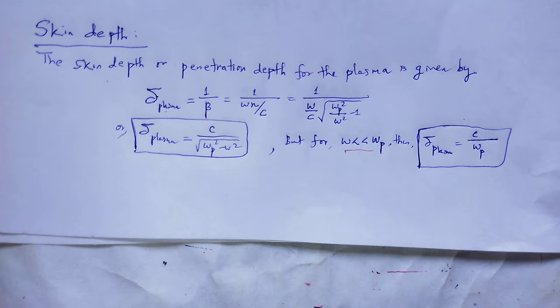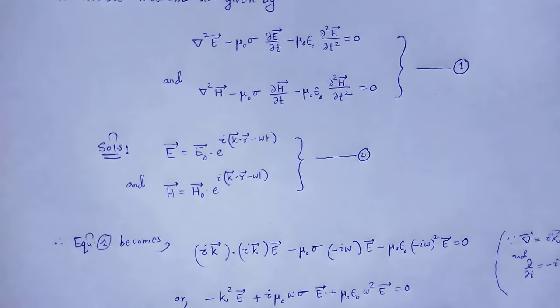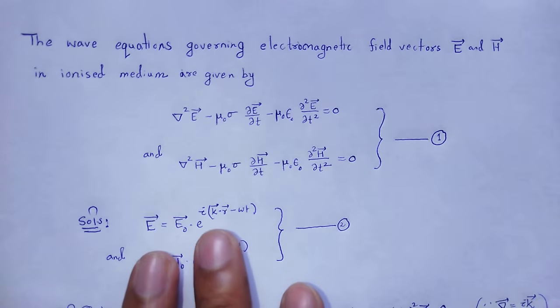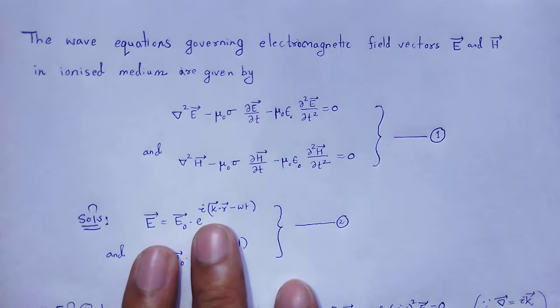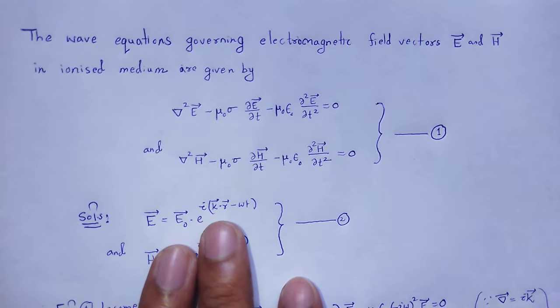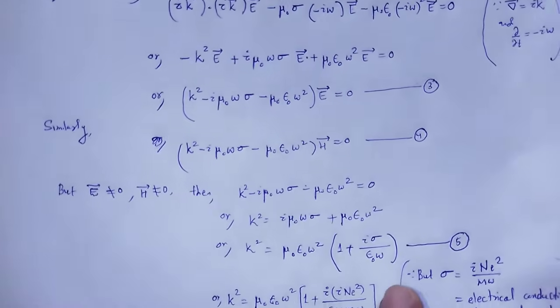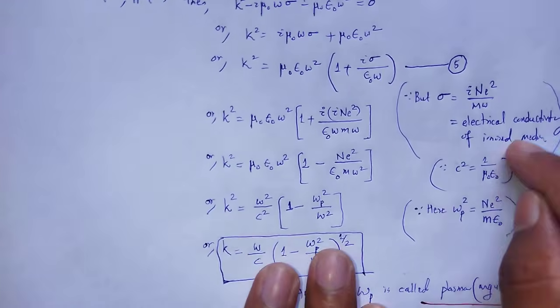So with the help of this video lecture, we understood the concept of an electromagnetic wave propagating through an ionized gas or plasma medium, and the expression for electrical conductivity.